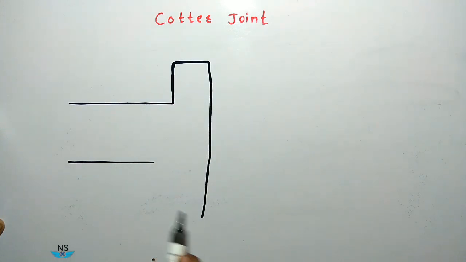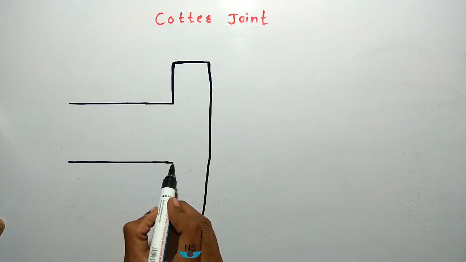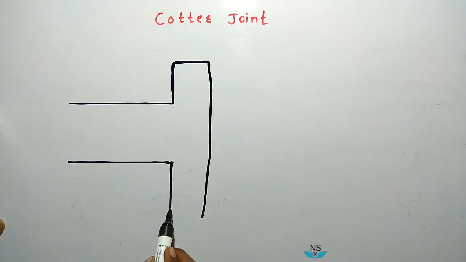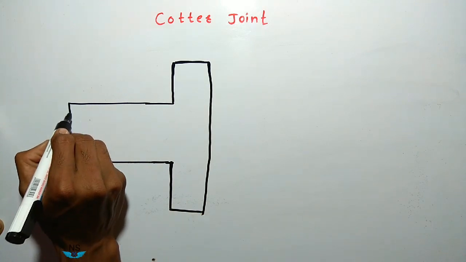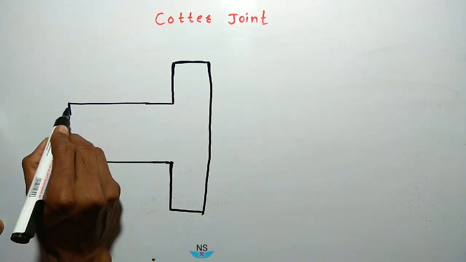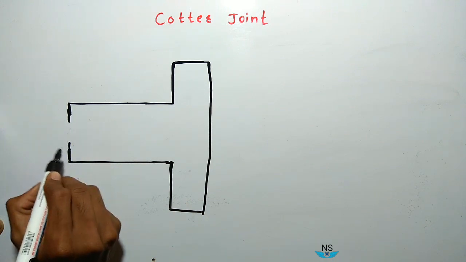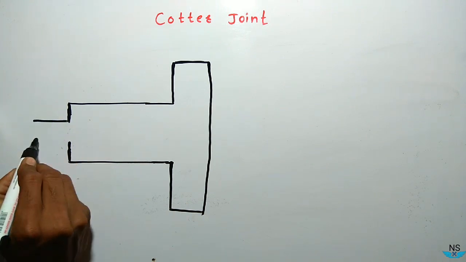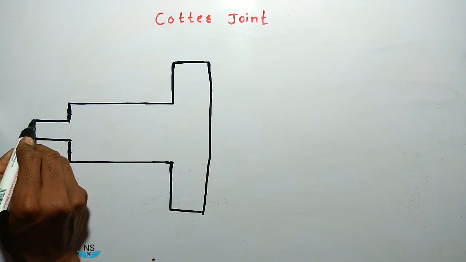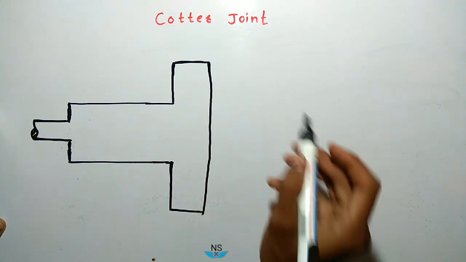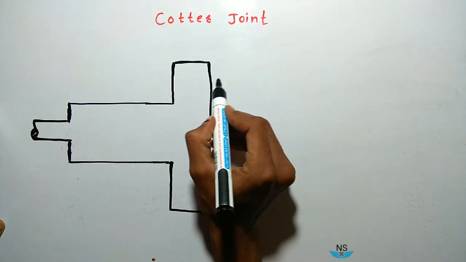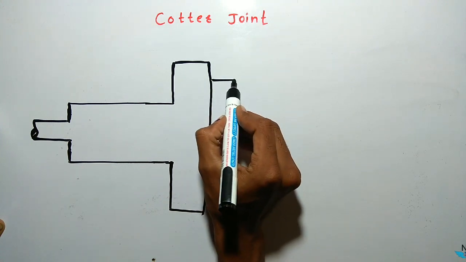So this is the 2D view of the socket. Now this is the spigot end.